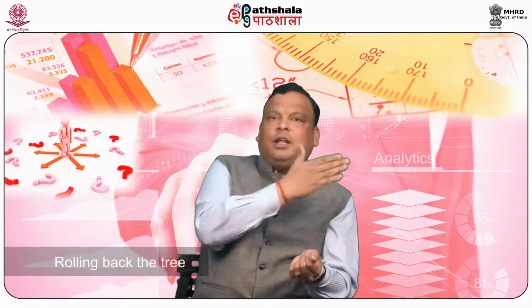At every decision node, we calculate the largest expected payoff to determine the best action, and this process of calculation is known as rolling back the tree. Rolling back the tree means we are analyzing the tree to give us the best decision.